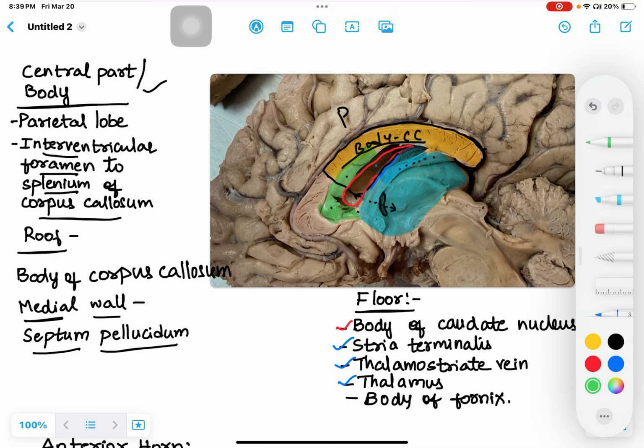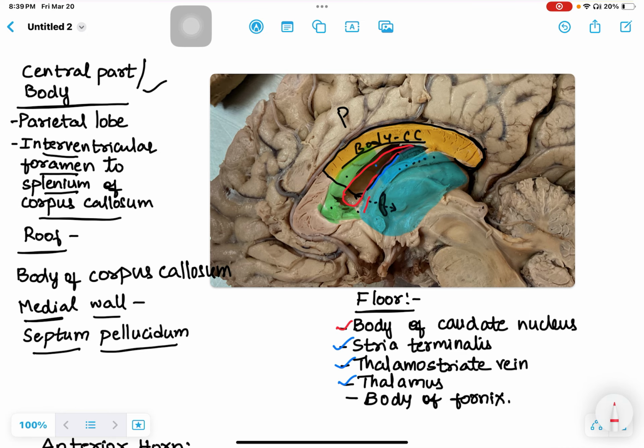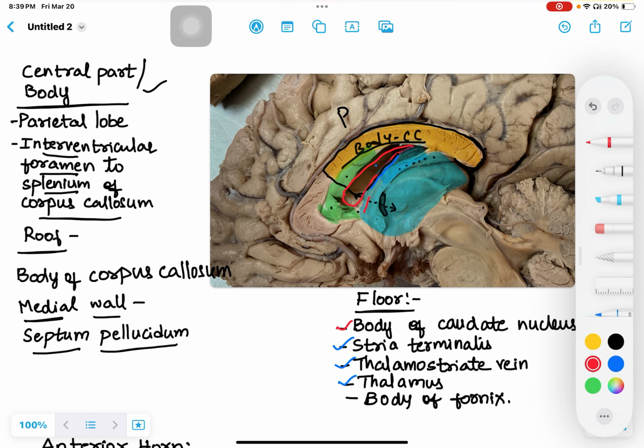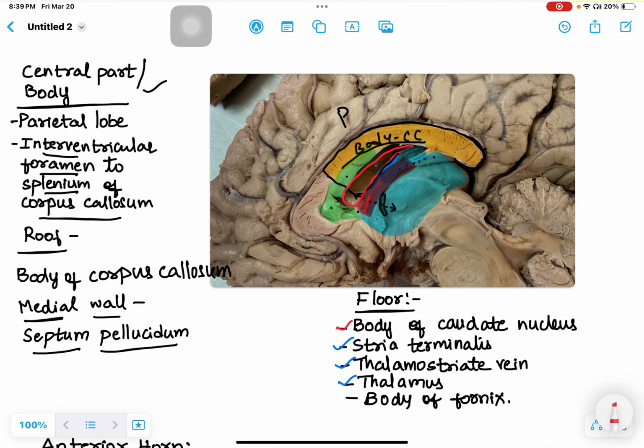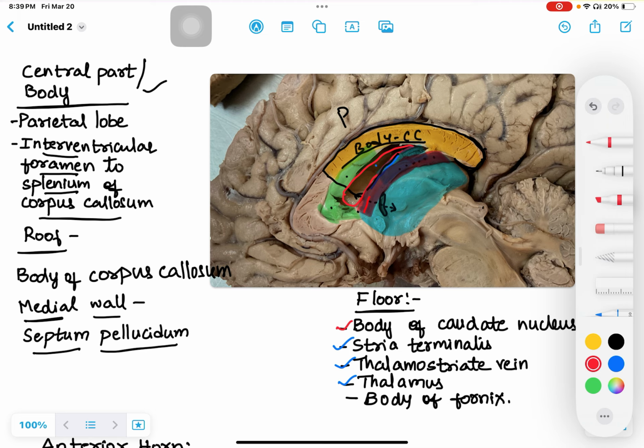This is the fornix structure, what you are seeing here. So beneath the fornix you can see the thalamus. These are the various structures from lateral to medial side which are forming the floor.